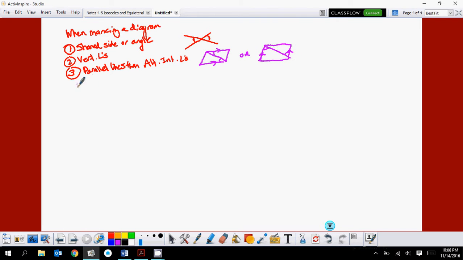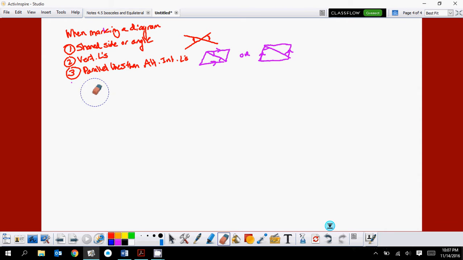There is no 4th, 5th, or 6th reason when marking a diagram. So resist the temptation, and don't add something beyond these 3. The only case where you add something beyond those 3 is when I've actually told you in the directions, hey, this is a midpoint, this is a bisector, this is something else that needs to be marked congruent.